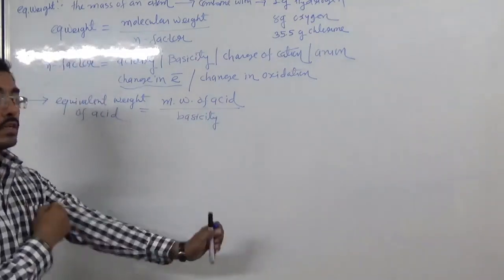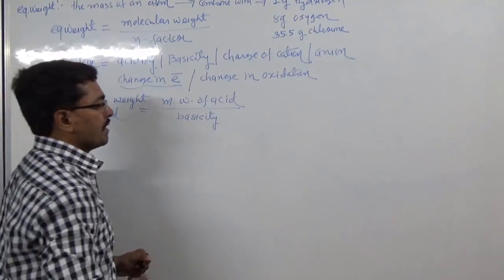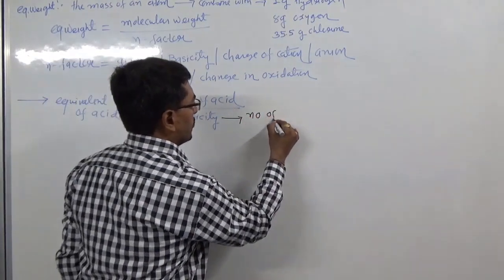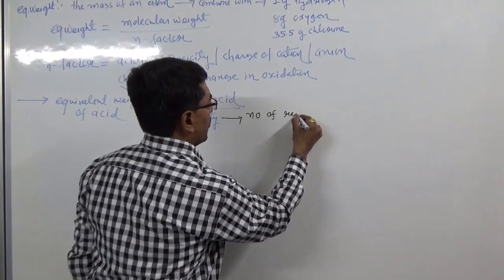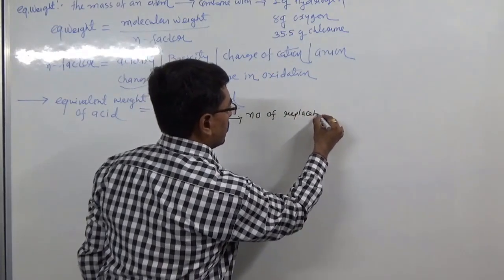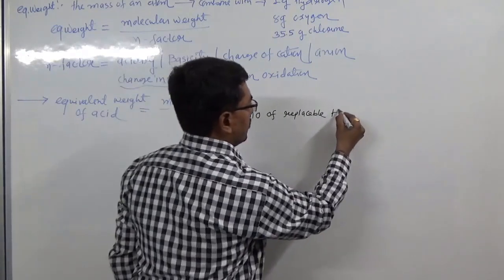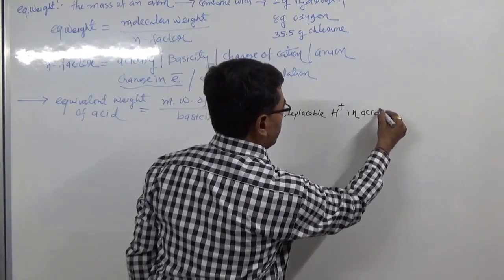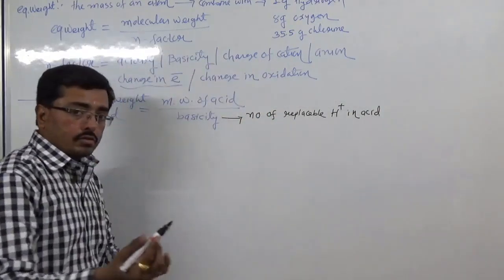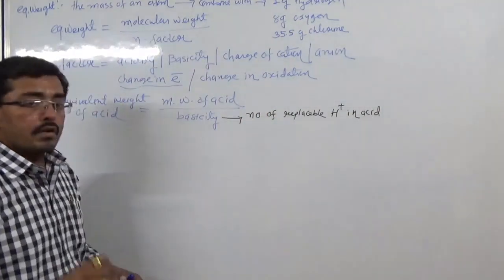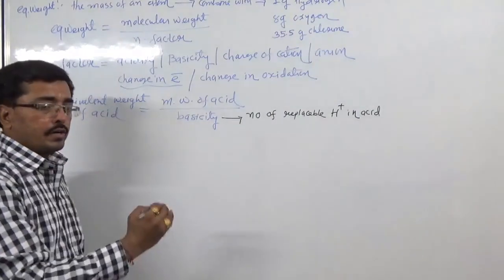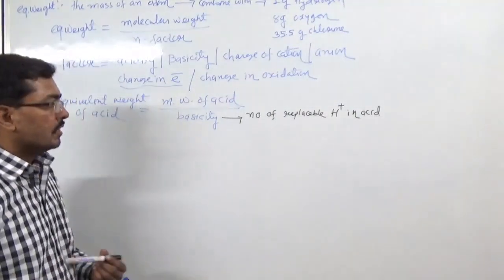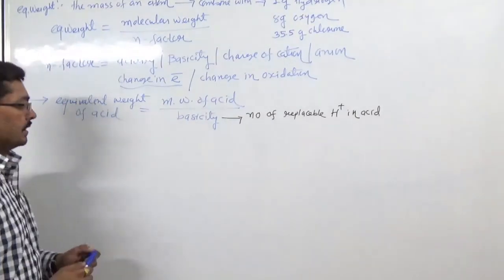Basicity is nothing but the number of replaceable H plus ions in an acid. Another way to define it: the number of hydroxyl ions required to neutralize the H plus ions present in an acid is known as basicity.